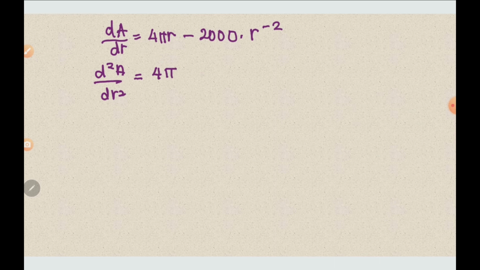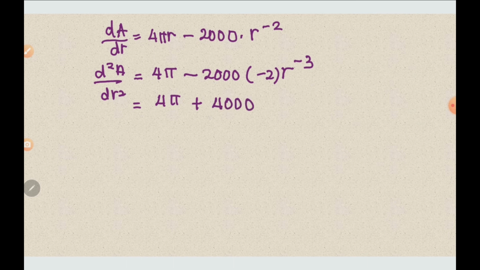Minus 2000 multiplied with negative 2, bring in front, r to the power of minus 2 minus 1, you will have minus 3. And simplify to get 4 pi minus minus, we have plus 4000 over r cubed.